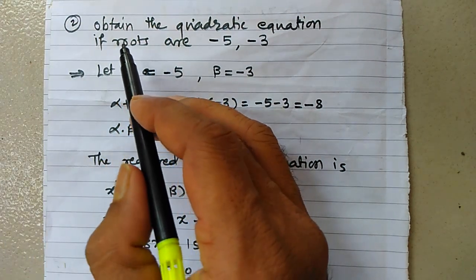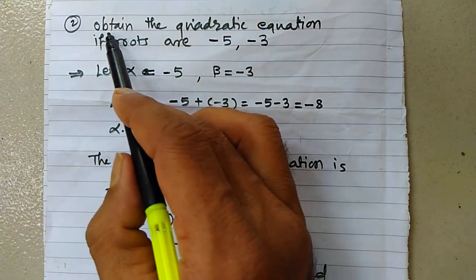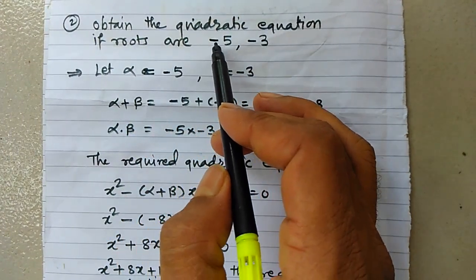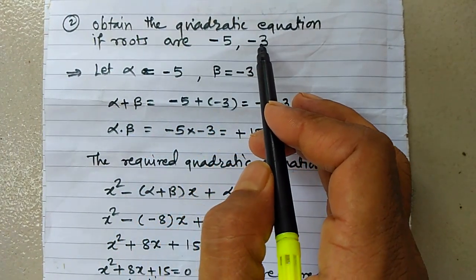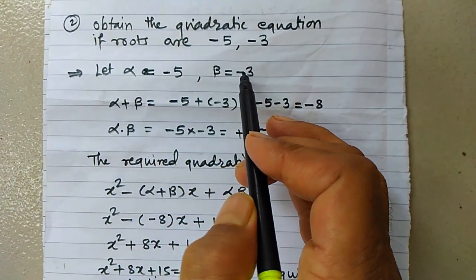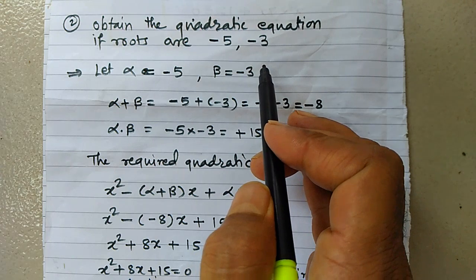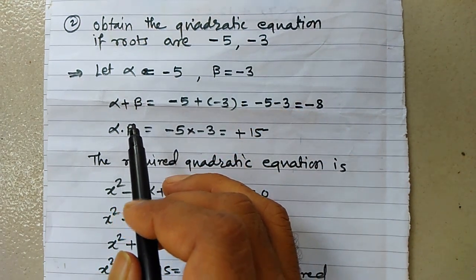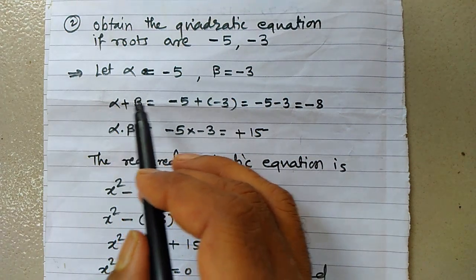Now we are practicing the second example. Obtain the quadratic equation if roots are minus 5 and minus 3. Let alpha is equal to minus 5 and beta is equal to minus 3. To find out the quadratic equation, first of all we have to find out the sum of the roots and the product of the roots.